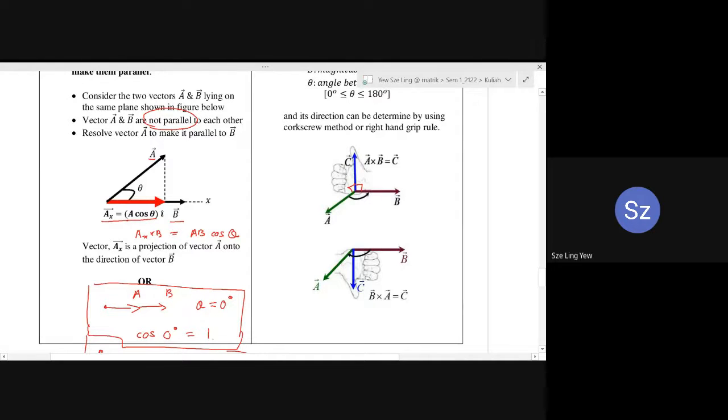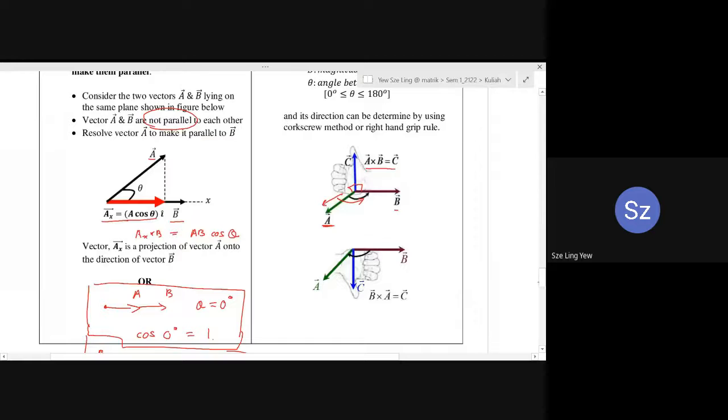Okay, 4 fingers point towards A, and then you curl your fingers towards direction B. Close your fingers towards B. And then your thumb represents direction C. So if you are given a vector A here, you point 4 fingers toward A first, and then you curl your fingers towards the direction of B. Direction C represents the direction of the result, the vector quantity. So this is for the case A cross B.